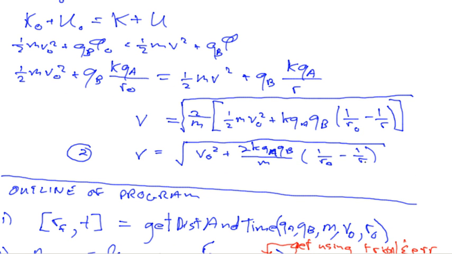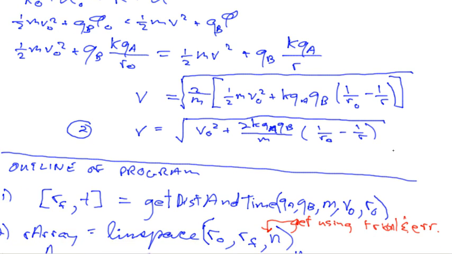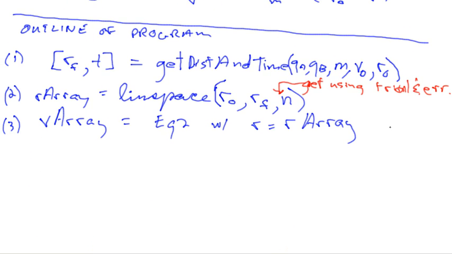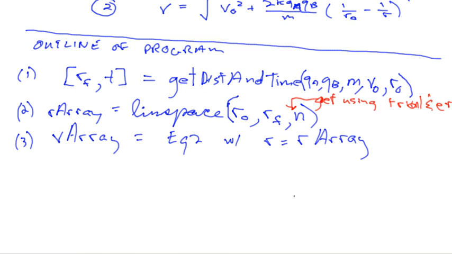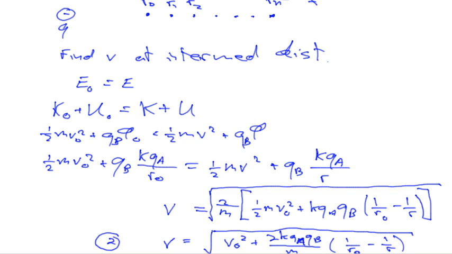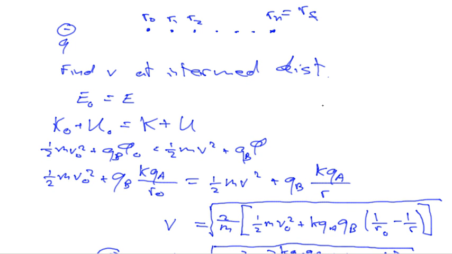I put r array in here, and it's actually going to create n values of v, one value for each value that we have stored in R array. And that'll be good.